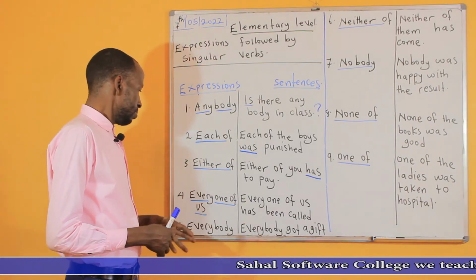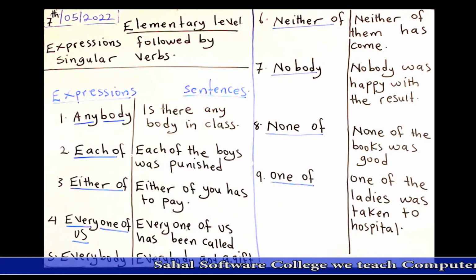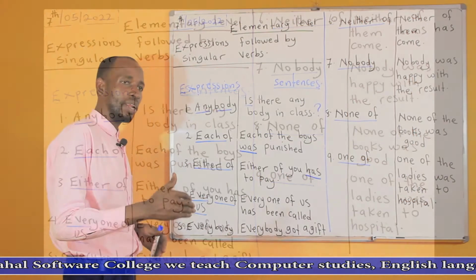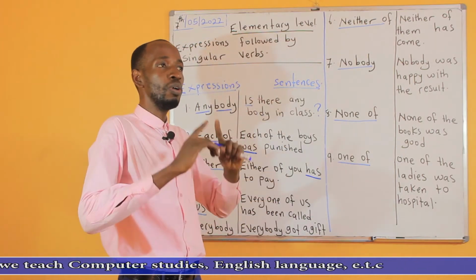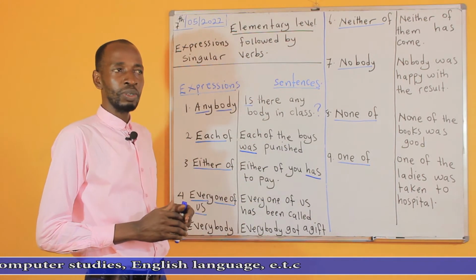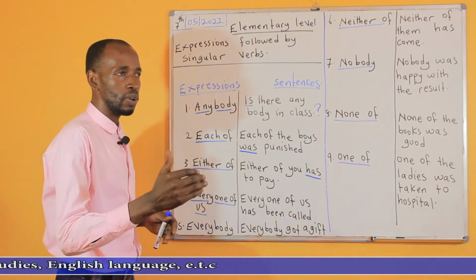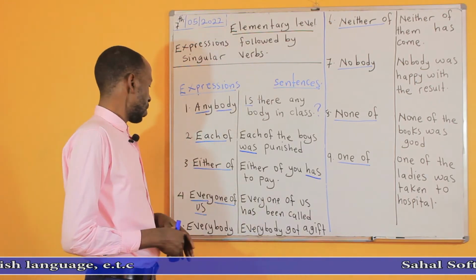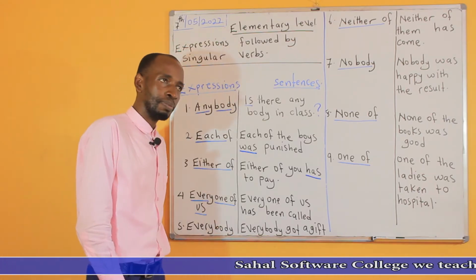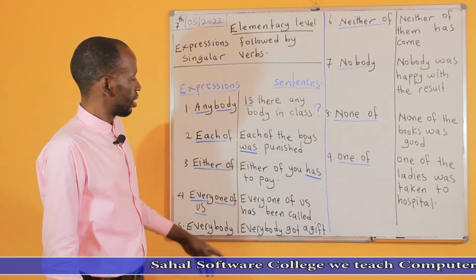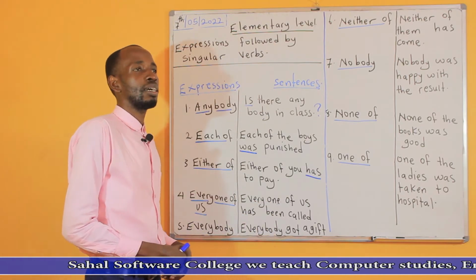Okay, let's continue. Every one of us, you're talking about one by one. You're talking about all the group, but you're talking about that group one by one. So that's why you say every one of us. It has to be followed by a singular auxiliary verb.